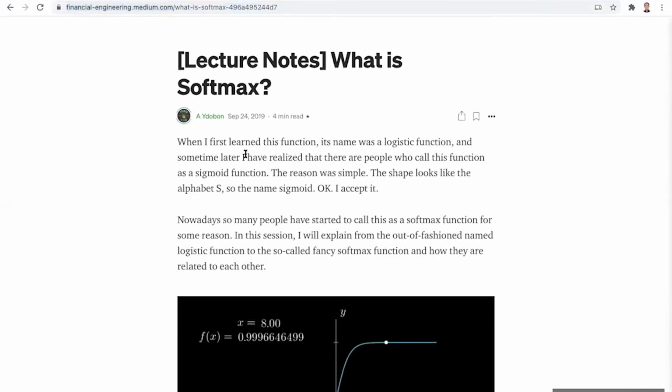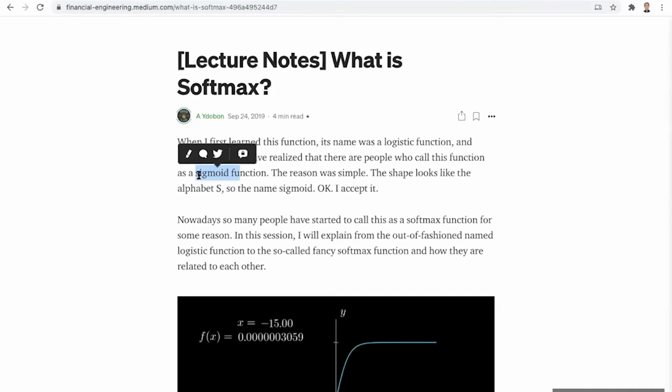This is a story about me, actually. When I first learned this function, its name was not the softmax function. It was called the logistic function. Sometime later, I realized that other people started calling it the sigmoid function.